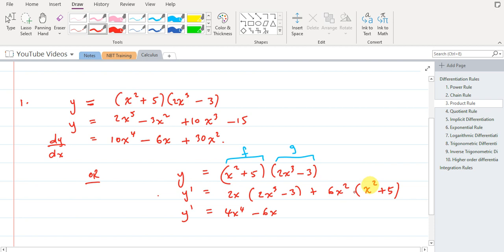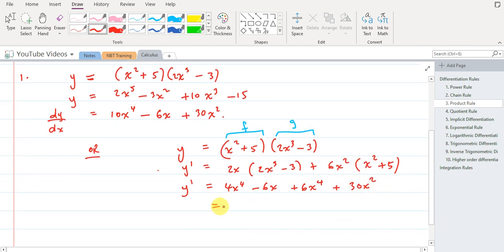Then opening this up, we're getting 6x to the power 4 plus 30x squared. If we add up everything, yes, we are getting the same answer. 4x to the power 4 plus 6x to the power 4 is 10x to the power 4 minus 6x plus 30x squared. So we are getting the same answer.